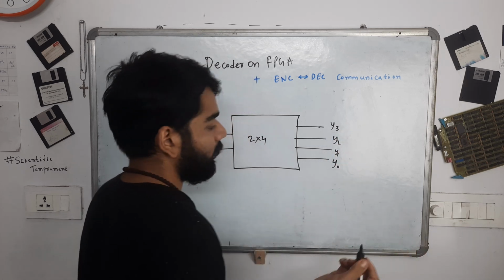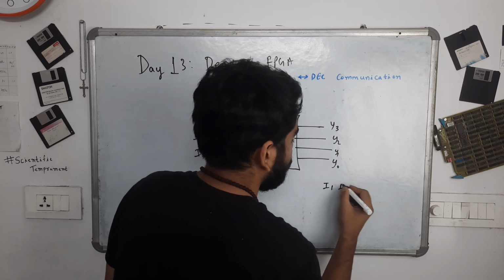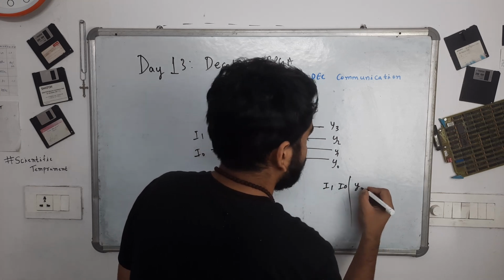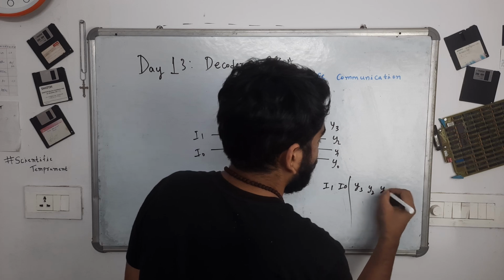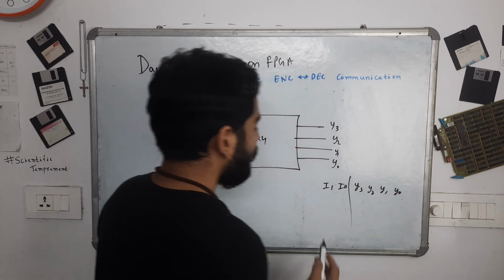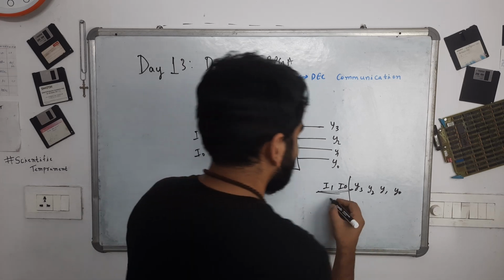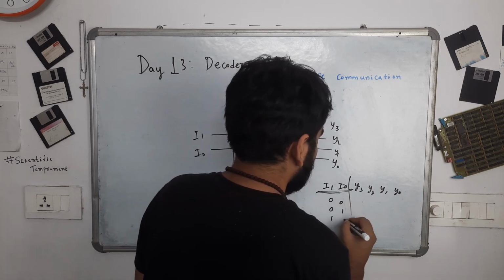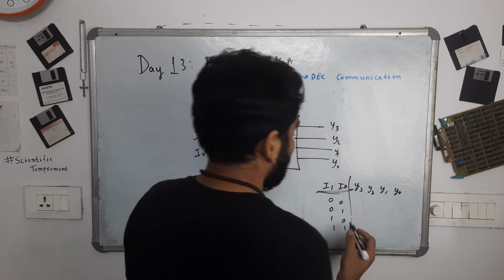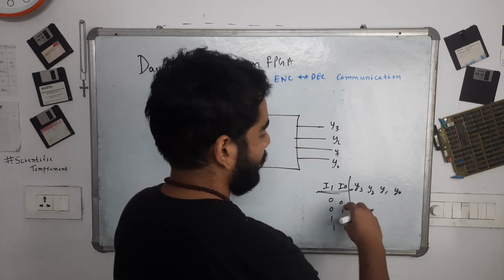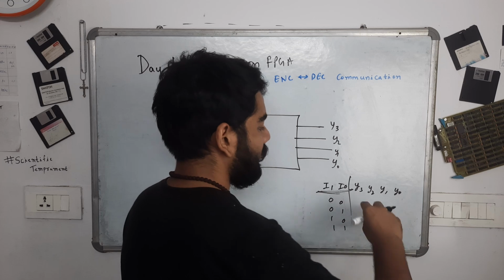If I make the truth table, for 2 input values we are only going to have 4 combinations, which are 00, 01, 10 and 11, and depending on what the value is, that output is going to be turned high.